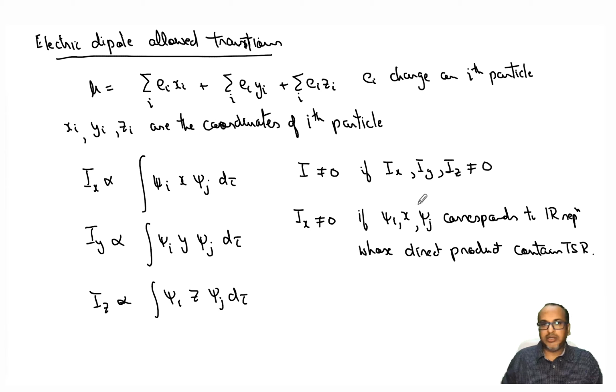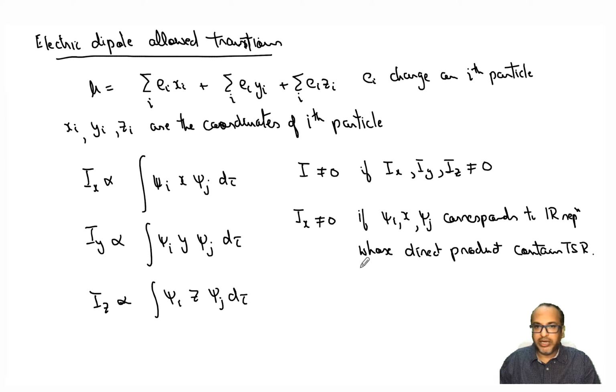Now there is an interesting thing: we know that x is a unit vector along x, y is a unit vector along y, z is a unit vector along z, right? So if we refer to any character table, we already know the IR representation corresponding to x, and similarly corresponding to y.